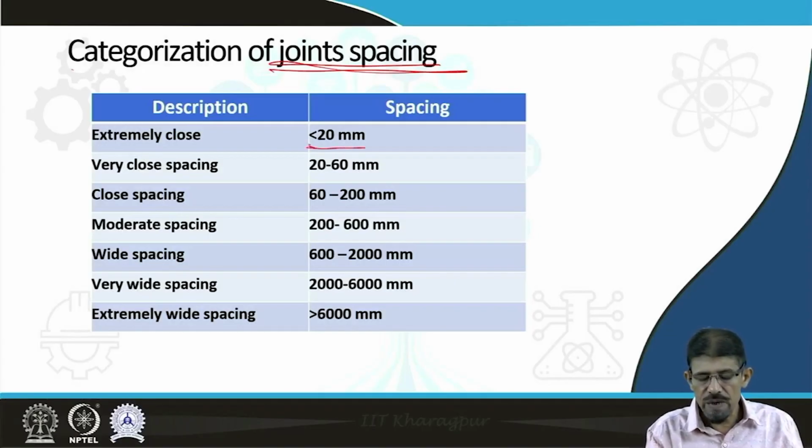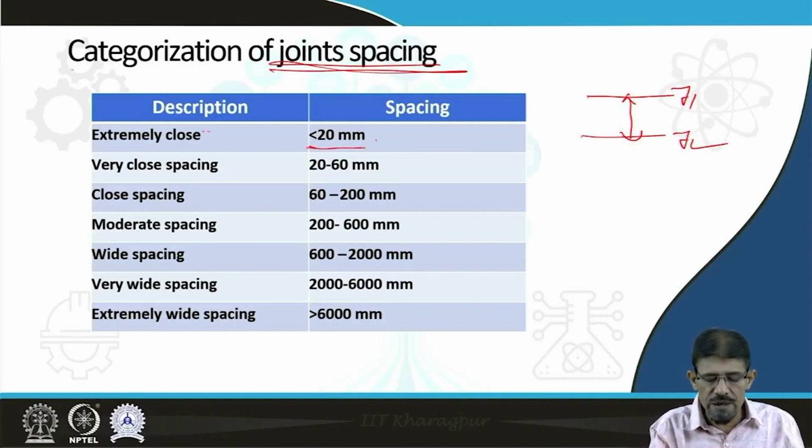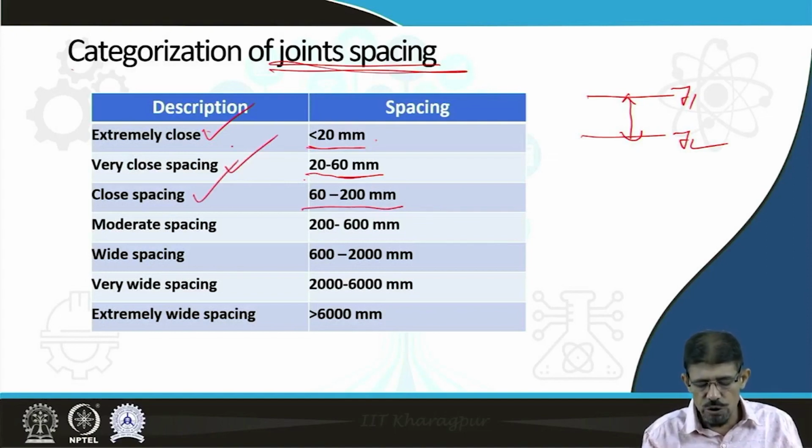If the spacing, meaning the perpendicular distance between two consecutive joints of the same set, is less than 20 mm, it is extremely close. If ranging from 20 to 60 mm, it is very close. 60 to 200 mm, close spacing. 200 to 600 mm, moderate spacing.